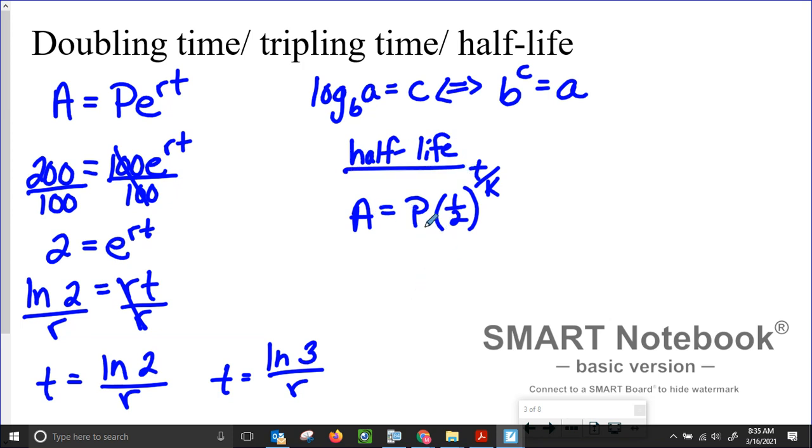Where of course P is still our principal or starting amount, A is still our final amount, T is still time in years, but K is the half-life of the element. Now do be careful, because half-life and time will both be given in years, so a lot of people will inadvertently flip those around.